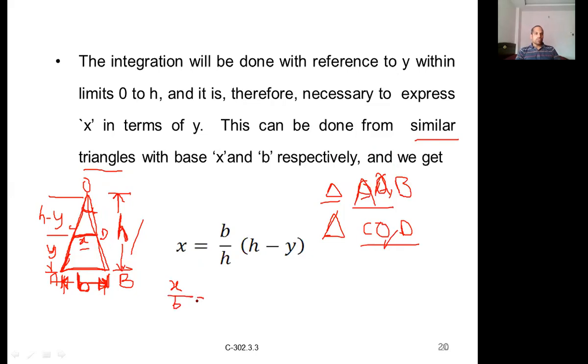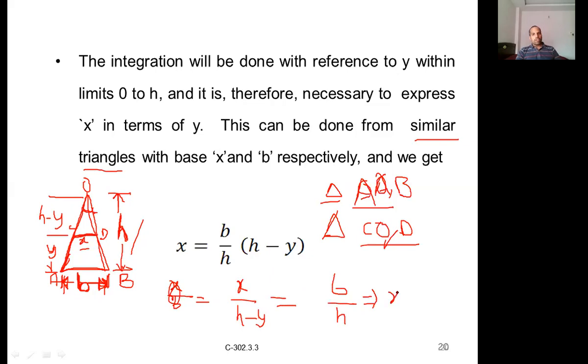This ratio is constant: x by its distance from O is equal to b, the opposite side, divided by its distance from O, that is h.